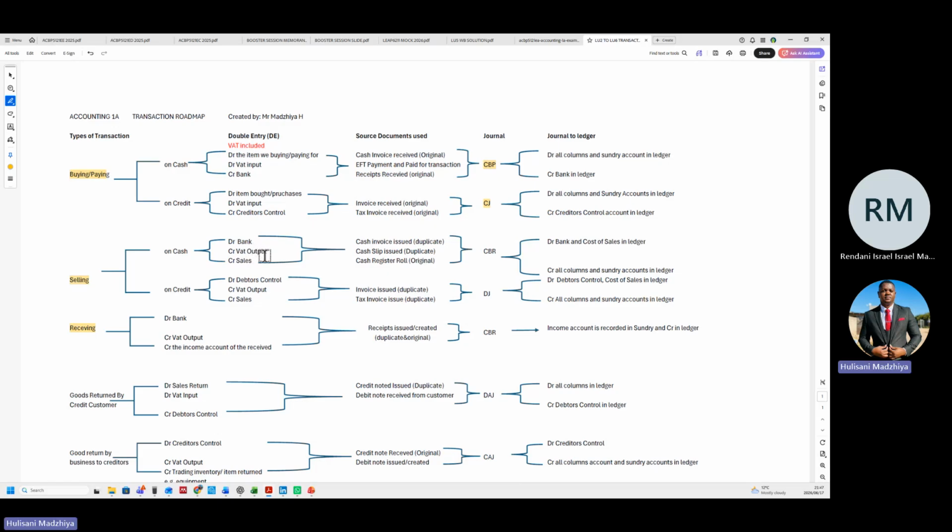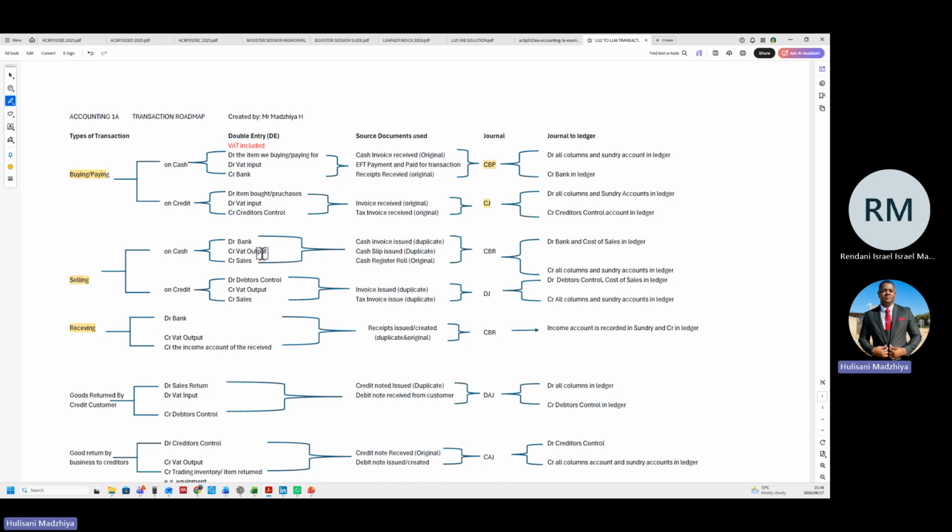VAT output is a liability. Every time we sell, we charge the customer VAT output because goods are going out of the business. We collect the VAT and pay it over to SARS. With VAT input we reclaim from SARS, but with VAT output we charge the customer and pay it over to SARS, so it's a liability. It will always be credited.